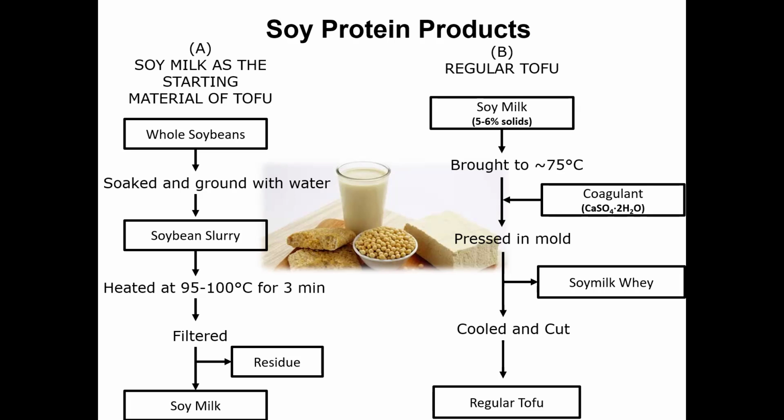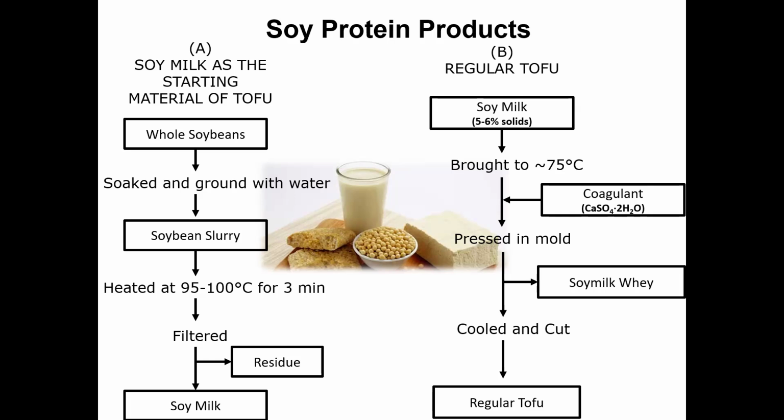And then from soy milk, you can actually produce tofu. You bring it to a specific temperature, you add the coagulant, which has calcium. The calcium is a divalent ion, so it helps with polymerization and formation of the tofu gel.